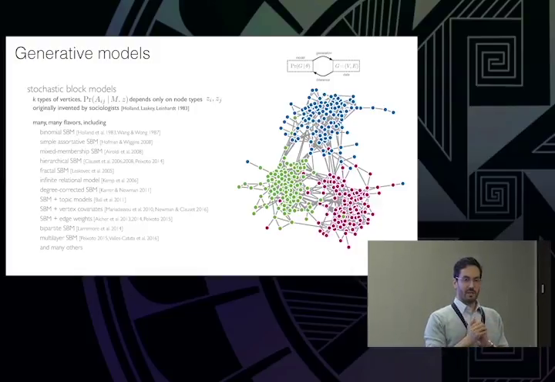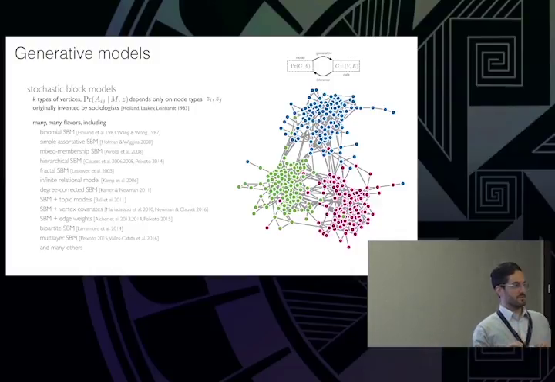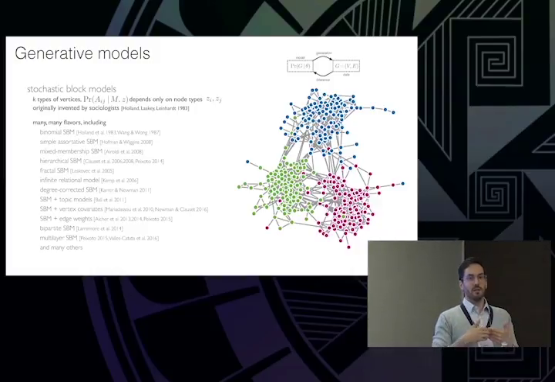So if there are more connections within a group, I want the diagonal entries of m to be high. And if there are fewer connections between different groups, then I want the off-diagonal elements to be very low. This says there's a high probability of connections within groups, a low probability of connections between groups.